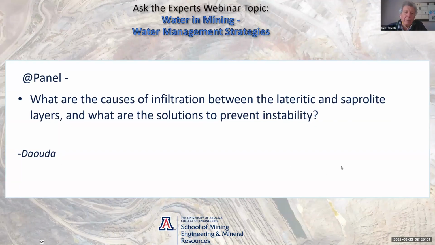But a saprolite, you typically can't pump from it, and so the way that virtually everybody tries to depressurize it is to look at the transition zone underneath, which is often permeable. People call it the saprock, the transition zone, the oxide zone underneath the saprolite.